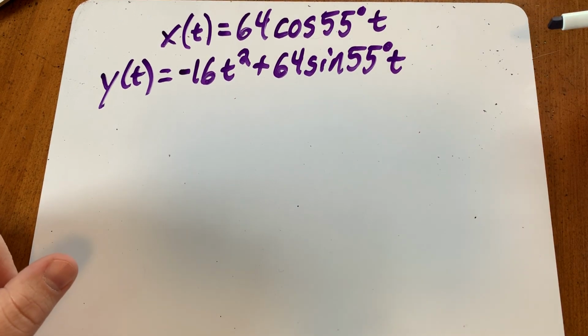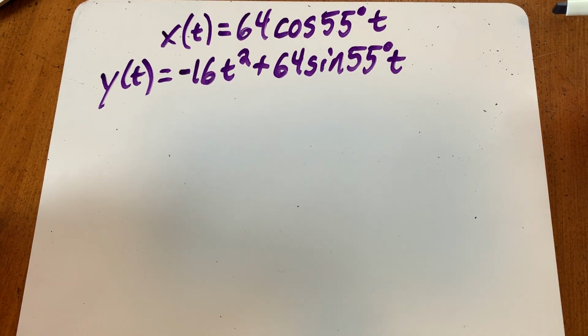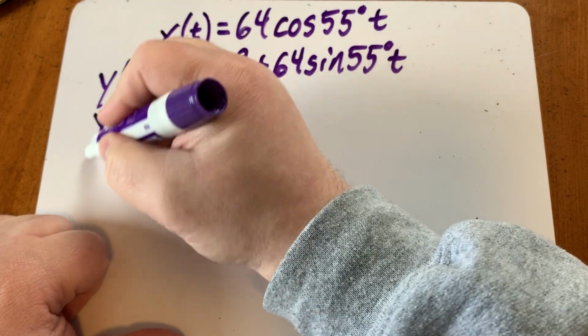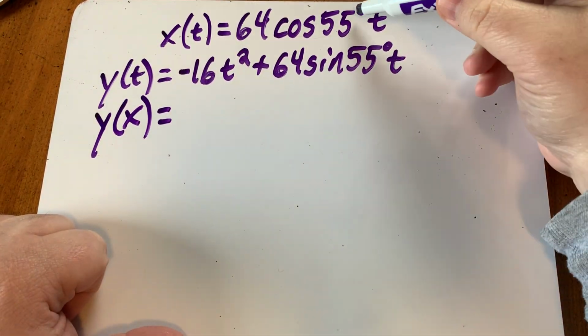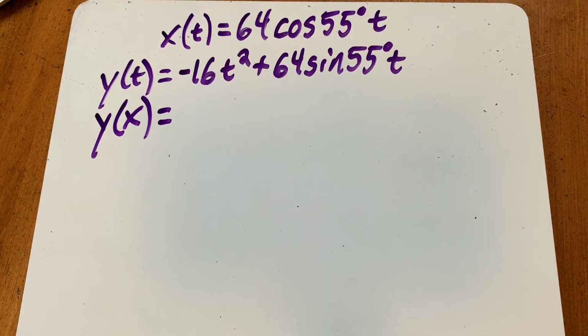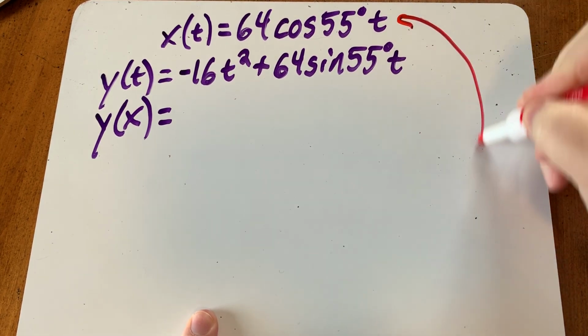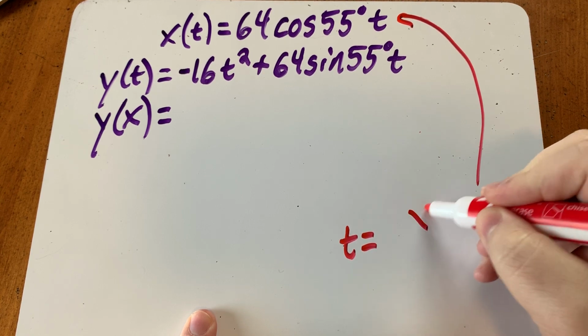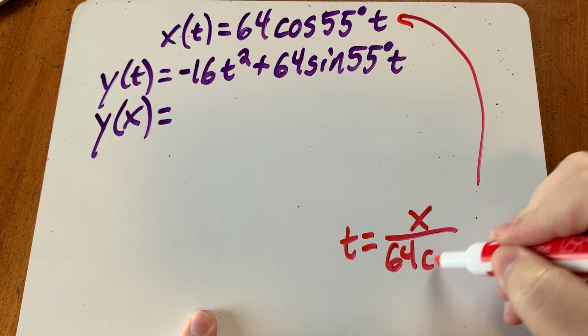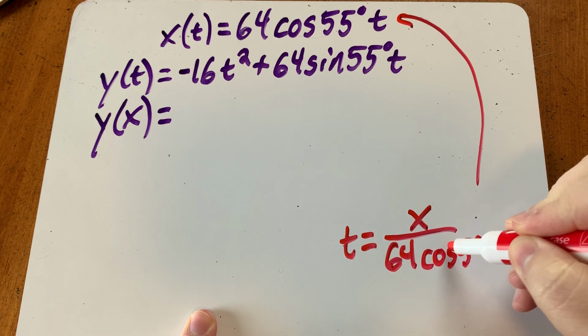So we've got these two equations, and if we wanted y in terms of x, we could just isolate t in that first equation and then substitute it in. So if we isolate t, that means t equals x over 64 cosine 55.